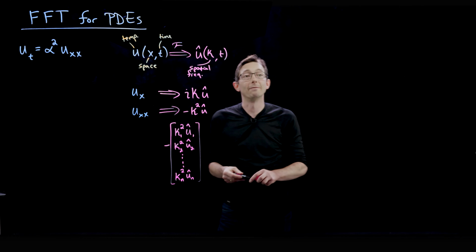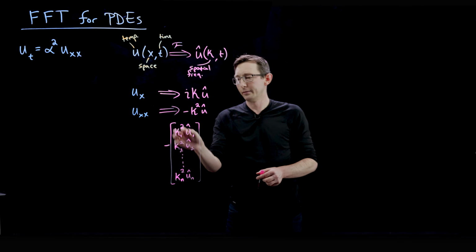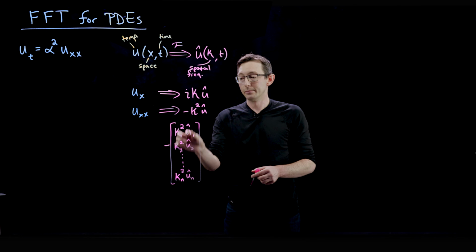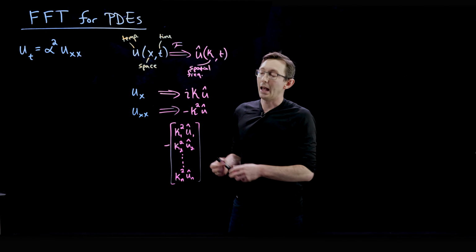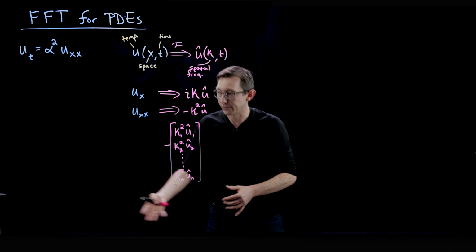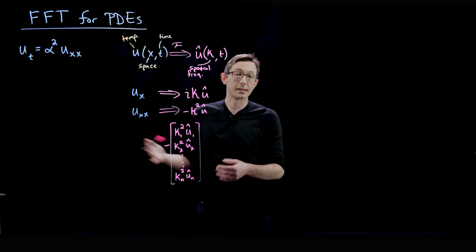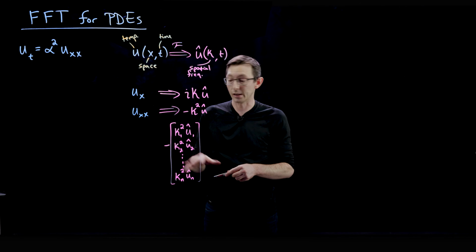So this is, again, a vector of the product of kappa squared times u hat. And once you take this vector and inverse Fourier transform, you would recover, in this case, the second derivative of u.